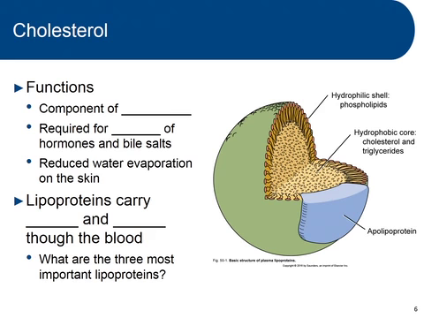So if you look at the picture on the screen, what you see there is a plasma lipoprotein, and lipoproteins are what carry triglycerides and cholesterol through the bloodstream. Since lipids are not charged, they're not soluble in water or blood, and so that's why we need these lipoproteins. So lipoproteins carry, I already said, cholesterol and triglycerides through the blood.